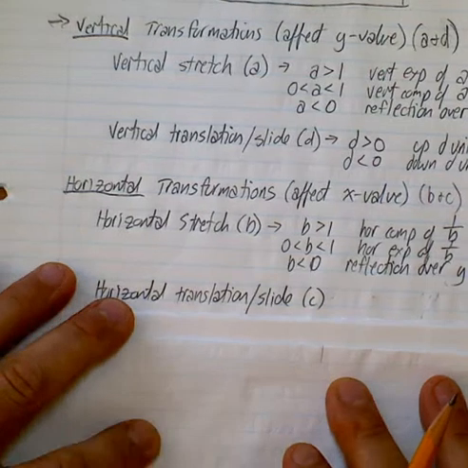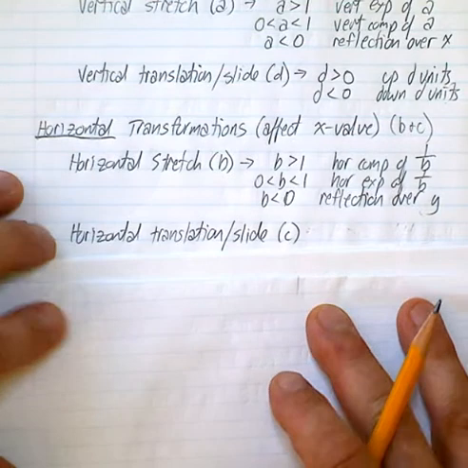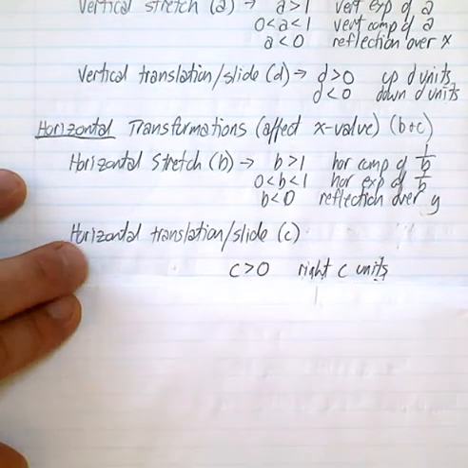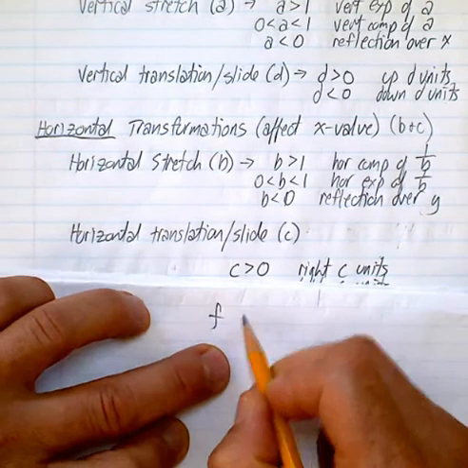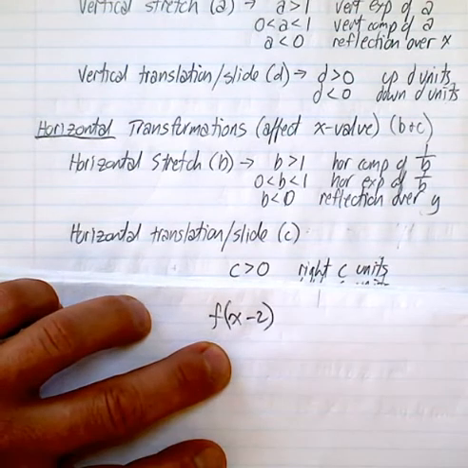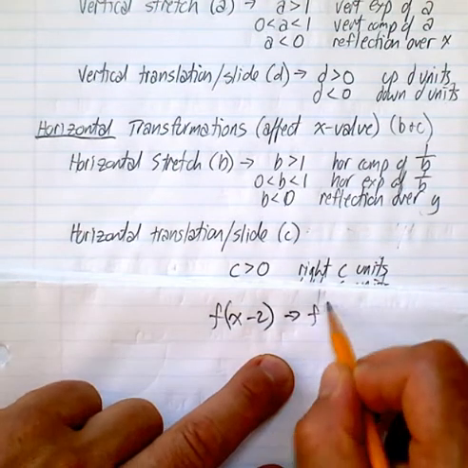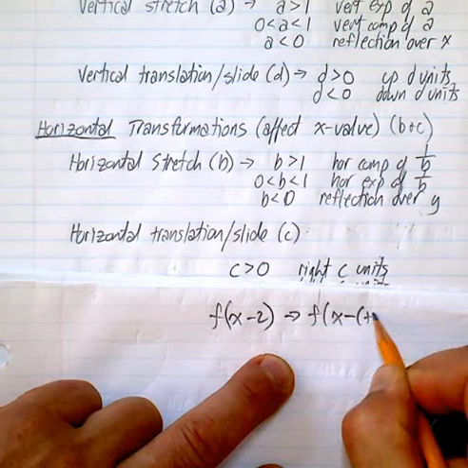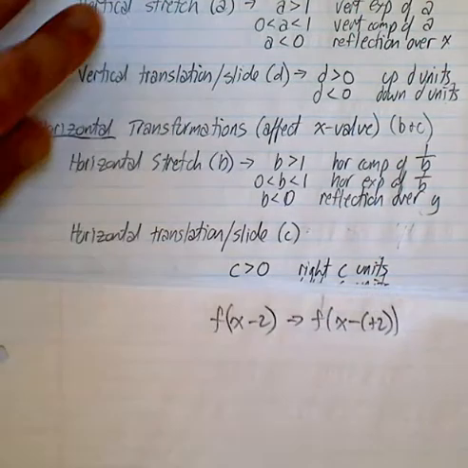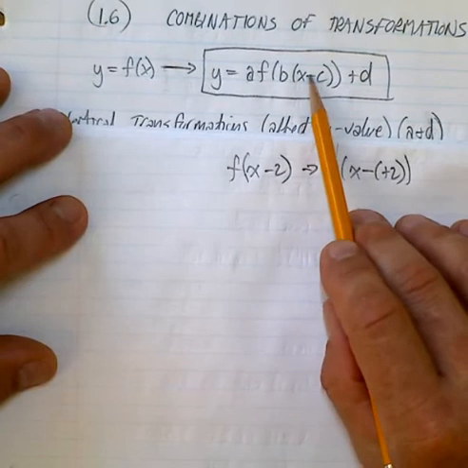And it looks a little bit different. Again, it's kind of counterintuitive, opposite to what you would think, because if your c is greater than 0, for example, if you have x minus 2, what this is actually saying is f of x minus a plus 2, because if you look at the original thing here, the standard notation is putting a minus here.